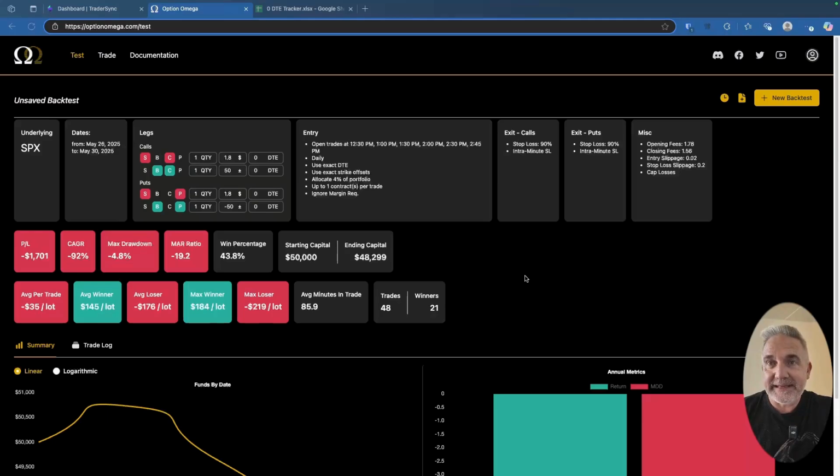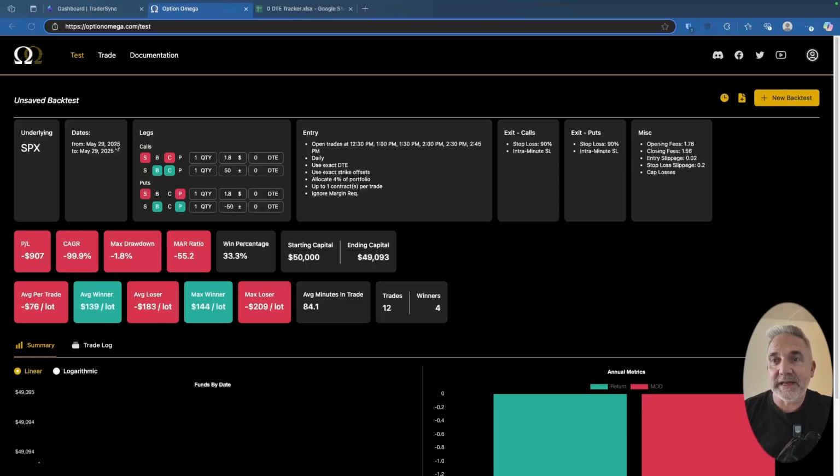Now, I did mention that I decided to sit out on the 29th because the volatility and price action looked too volatile, which is not good for iron condors. So let's take a look to see if that was the right move.